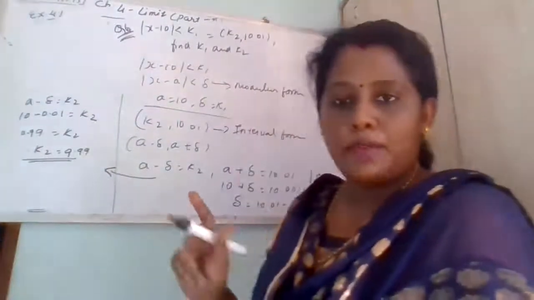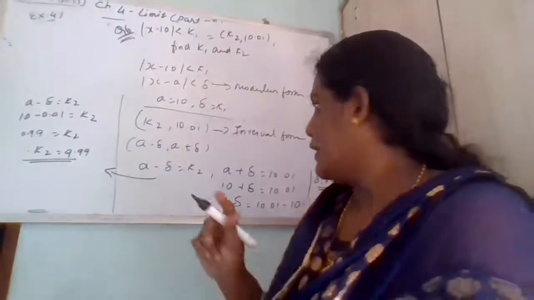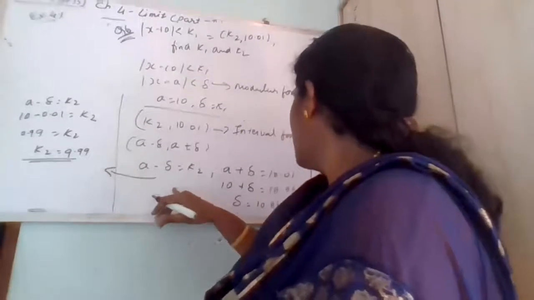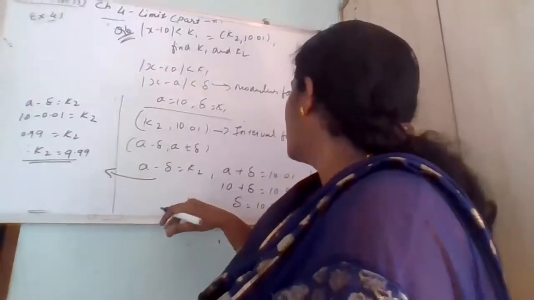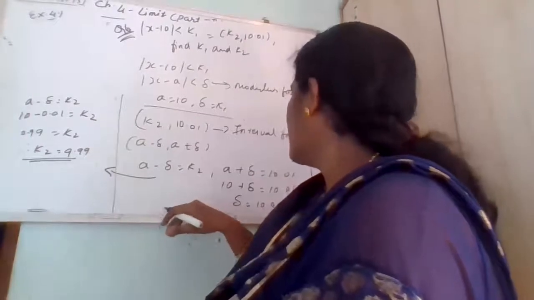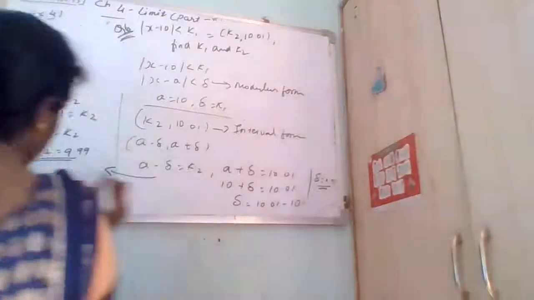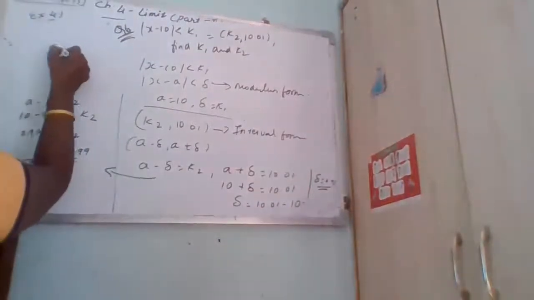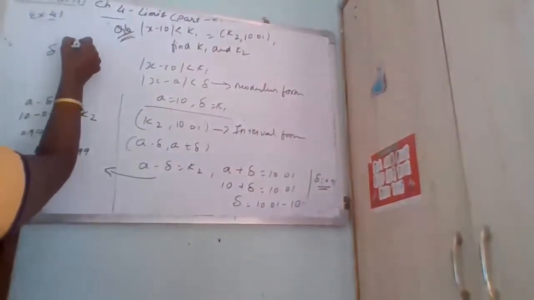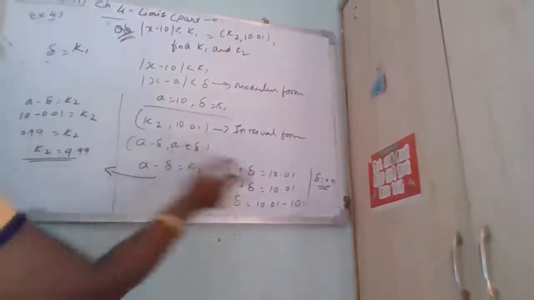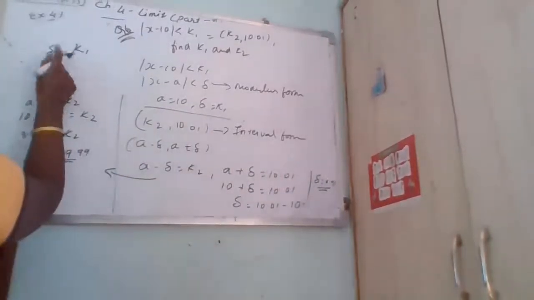Now, what you have to find? k1 also you have to find. So see, here delta equal to k1. Therefore, the value of k1 is 0.01.